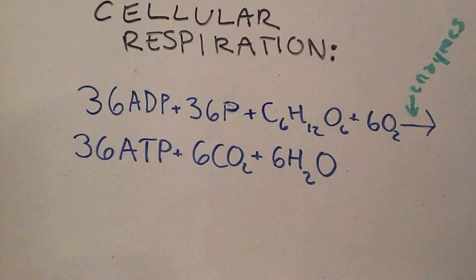The balanced chemical equation tells us that we want to put together ADP molecules with P, or phosphate, to create the ATP. However, we also have glucose, C6H12O6, and 6 O2, oxygen, which we need to break down into the waste products of carbon dioxide and water.